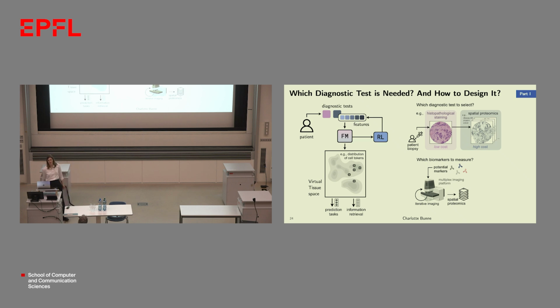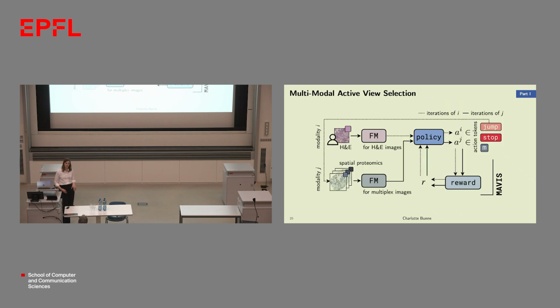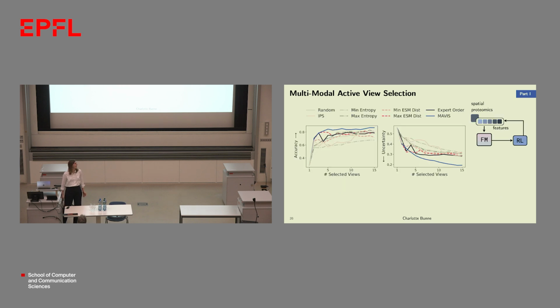And similar to those large language models, this is based on reinforcement learning that operates on top of those foundation models. So now we are basically having an algorithm develop a policy of when to switch from one modality to the other, or when to measure which marker and what's the optimal sequence of markers to get a good enough tissue representation in order to have the highest accuracy, as if I would measure the most expensive and the most accurate diagnostic test.